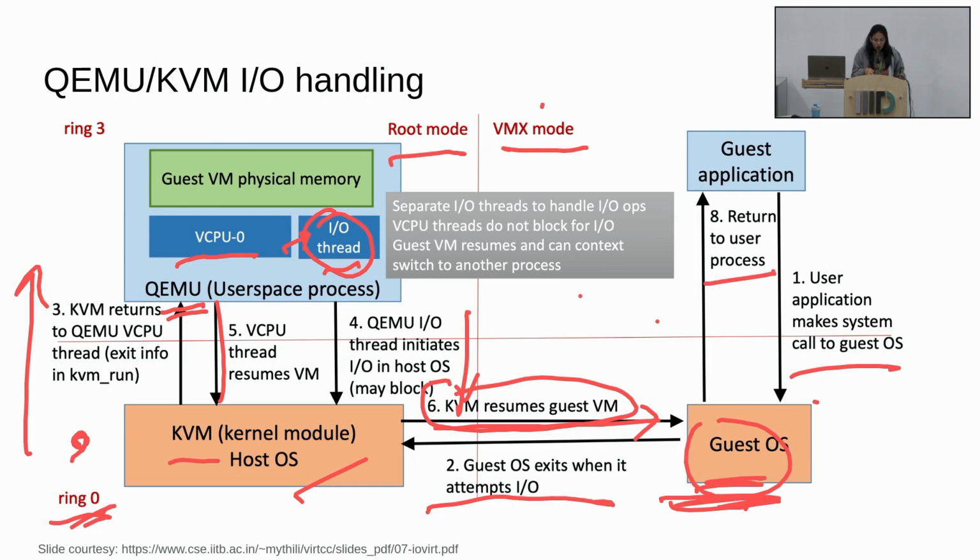So this is how IO request processing happens in a VMX mode, where there are privileges assigned to the guest operating system, right? So as you can see, there are multiple copies happening, right?